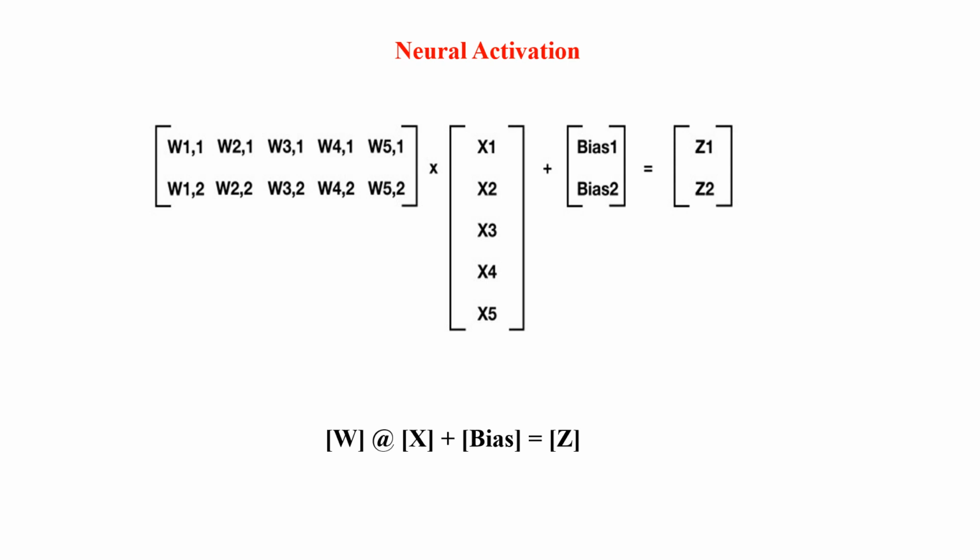Remember our notation rules once again. W4,2 denotes the weight that lies in the connection between input 4 and neuron 2.